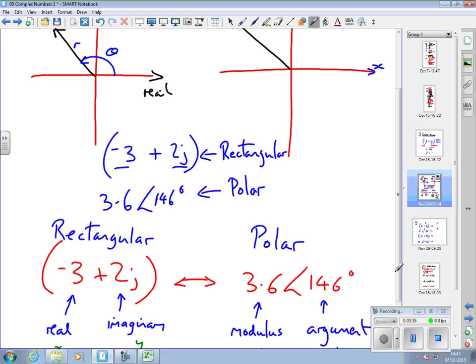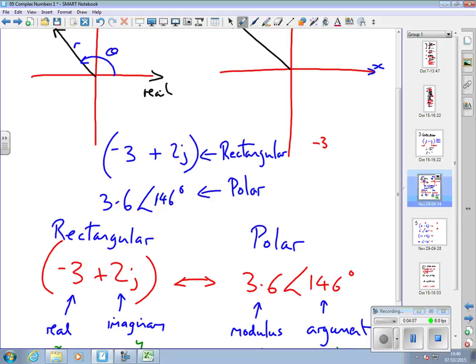How do I get it to be in polar form like this? Calculators do that for us. If you look at your calculator, you will see above the plus button, it says POL. So if you hit Shift and then the plus button, you will get the opportunity to put in -3 as your first coordinate. So in the calculator, you put in -3.